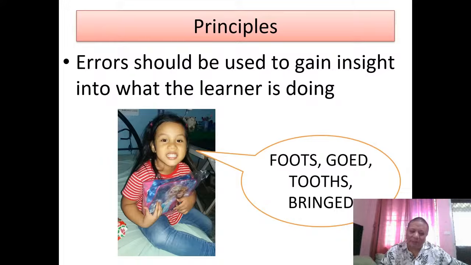The only problem is that the language learner applied the rules in exceptions, in situations where they're not supposed to apply that rule. So the error is not something you try to get rid of, rather you use it to gain insight into what the learner is doing.